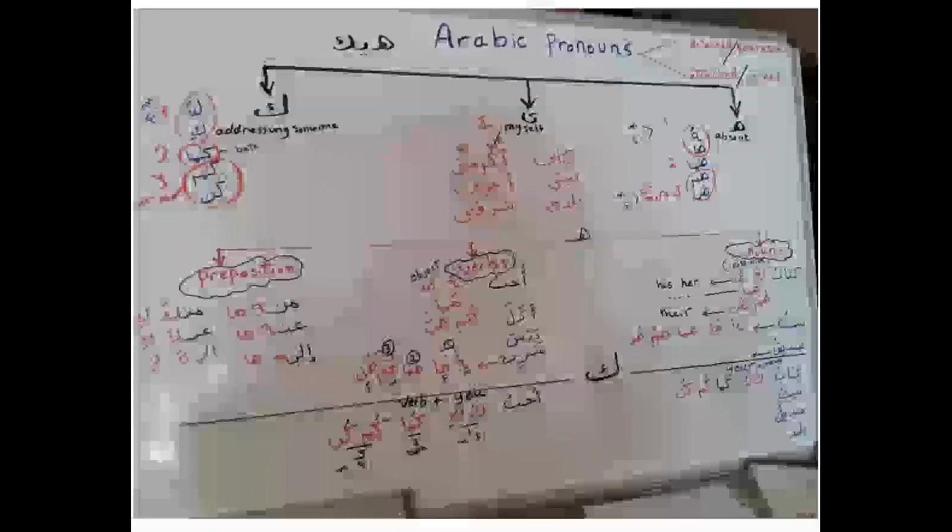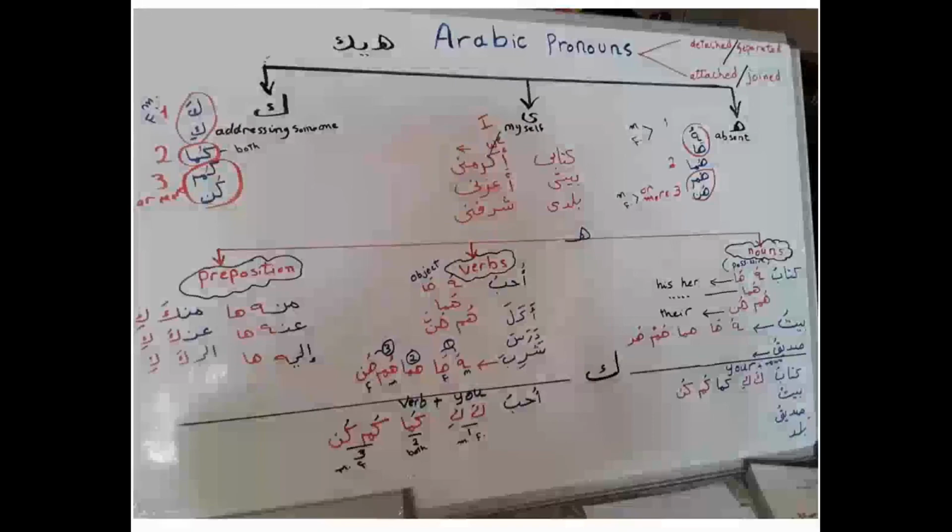You can talk about yourself as one person or about more than one person, about us. Now in the middle you can see the ya. It is talking about myself.